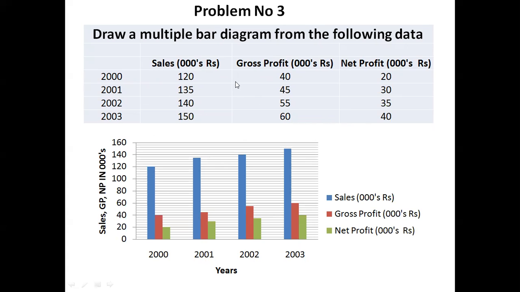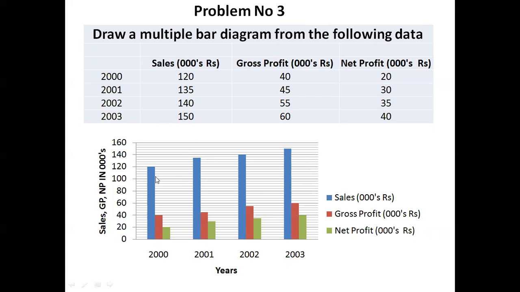So this is also a cluster form or set of bars representing sales, gross profit, net profit of 2000, set of bars of 2001, set of bars of 2002 and 2003. Then the scale depends upon the minimum and maximum. Minimum is 20 and maximum is 150.